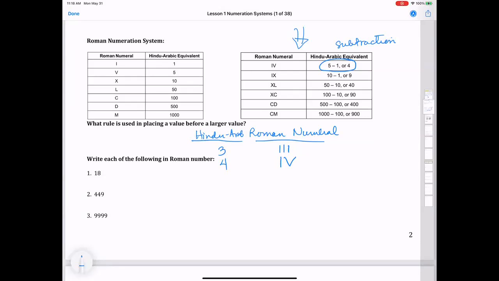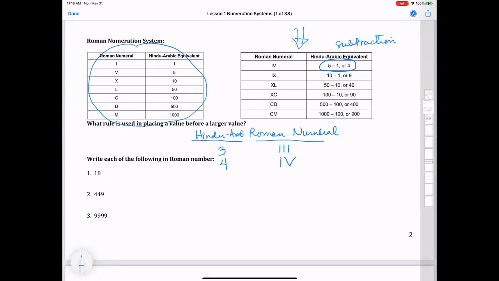So the rule is if you're placing a unit of something before a larger value, then you're subtracting. But the larger value should be one of these symbols, right? It cannot be an invented value. Like you cannot put an I before 3 I's to take away, because that doesn't make sense.